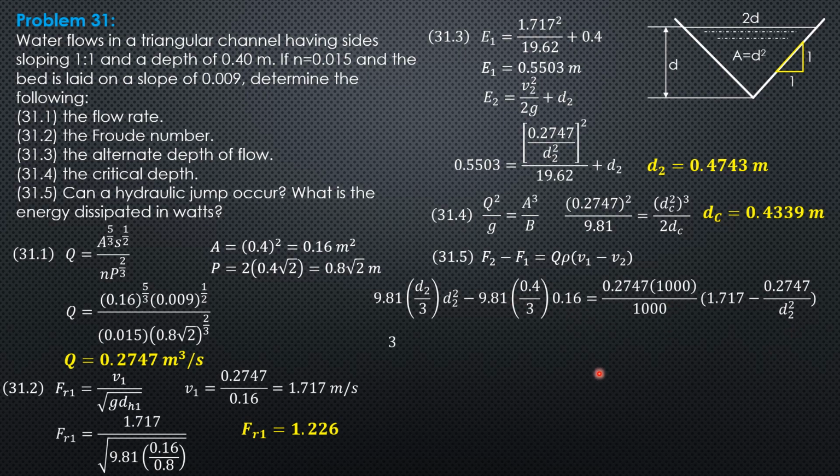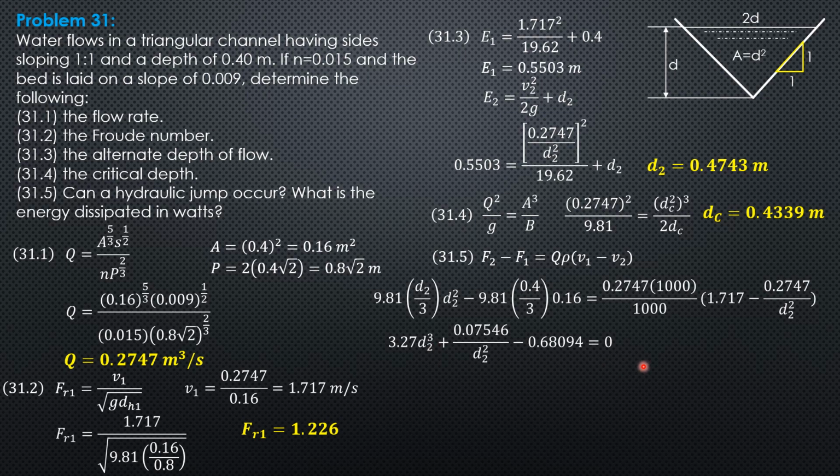Then let's combine the constants. So 3.27 depth 2 cubed plus 0.07546 over depth 2 squared. Then negative 9.81 times 0.4 over 3 times 0.16 minus 0.2747 times 1.717 is negative 0.68094 equals 0. So this is a polynomial equation of degree 5, because this becomes raised to 5.